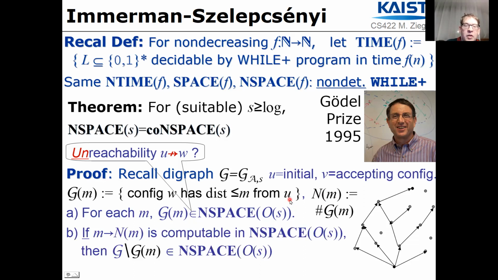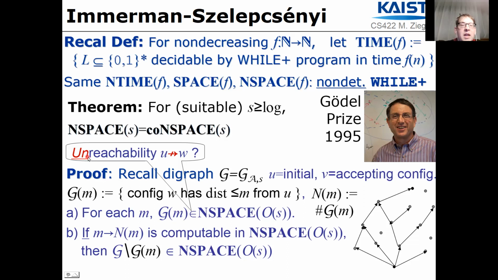Because our next subclaim in proving the theorem involves that number, namely the hypothesis that this natural number function is computable in non-deterministic space linear in S. Then also the unreachability within m steps can be decided in non-deterministic space. So this is kind of where we're heading, right?